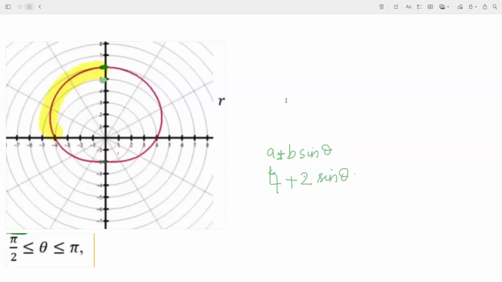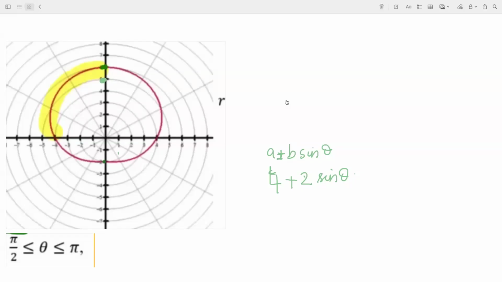From pi by 2 to pi, is it positive or negative? Pi by 2 to pi is the yellow highlighted line. Here is where we better do it in a rectangular graph. That is where you can easily find out if it is positive or negative.